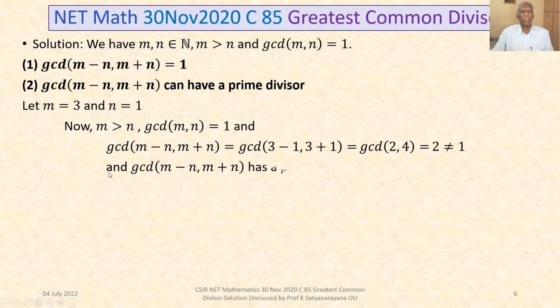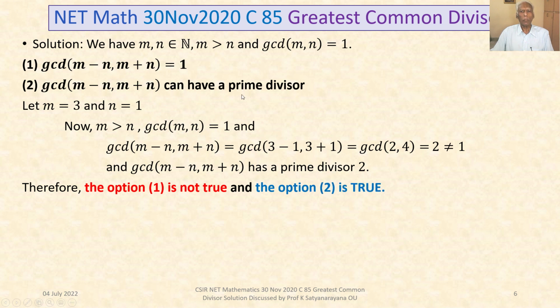So the GCD of m minus n, m plus n has a prime divisor 2. So option 1 is not true and option 2 is true. Why? Because it says can have, which means for some pair of elements this can happen. Yes, it is. So option 1 is not true and option 2 is true.